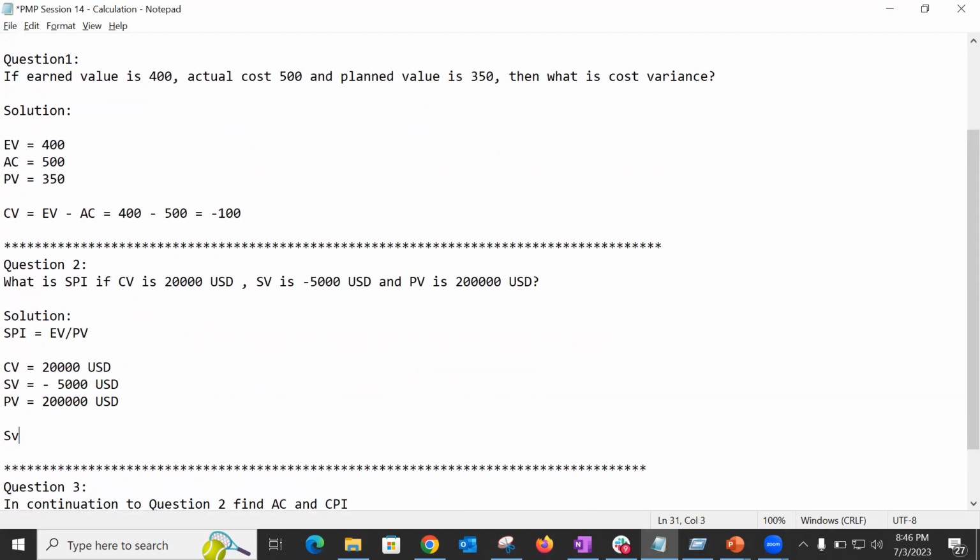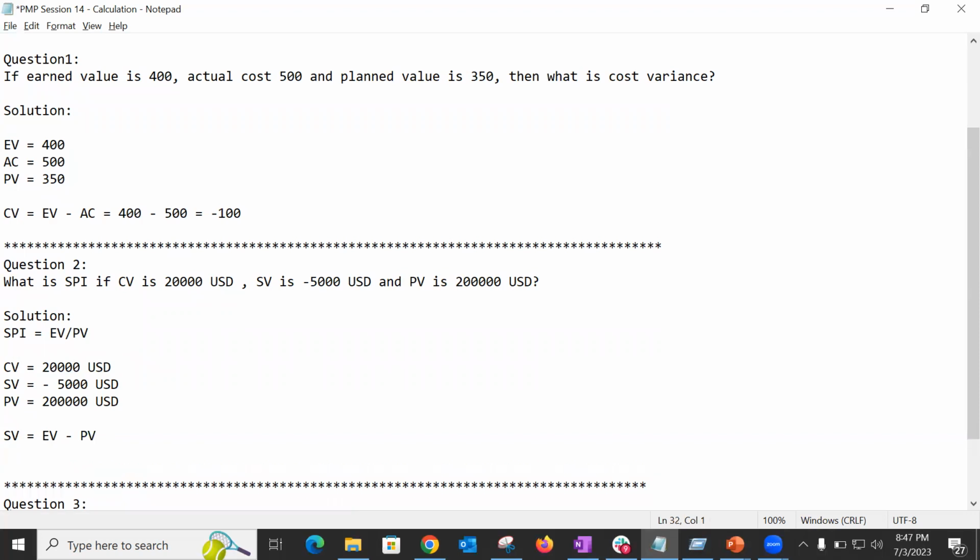If I write down SV equals EV minus PV. Okay, and here we are trying to find out EV. We have got the SV in front of us, and we also have the PV in front of us. So I can write it down like this, that EV rather is equal to SV plus PV, right?